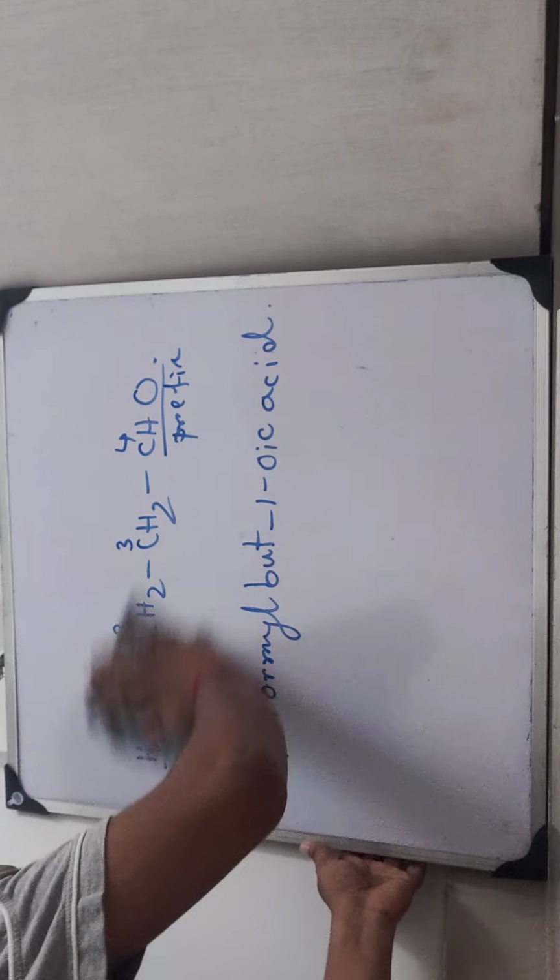Before coming to the naming part, we should all know that the priority of functional groups is very important. According to the priority rule, the COOH group is given the highest priority.